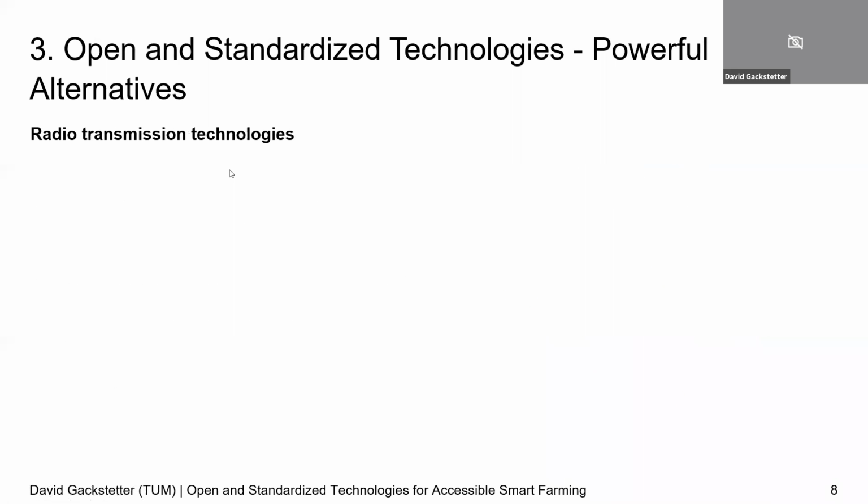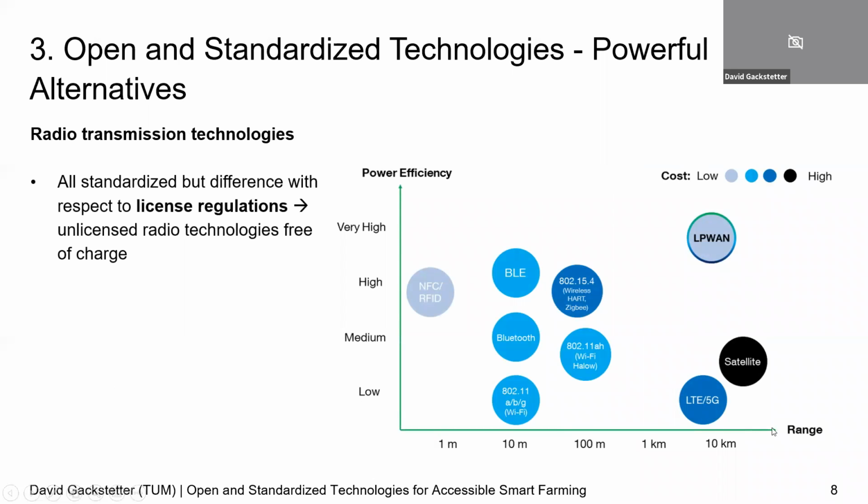First of all, radio transmission technologies. Here we have a bunch of different technologies, depending on the area of application. When we talk, for instance, about personal area networks, we have Bluetooth, RFID, and so on.